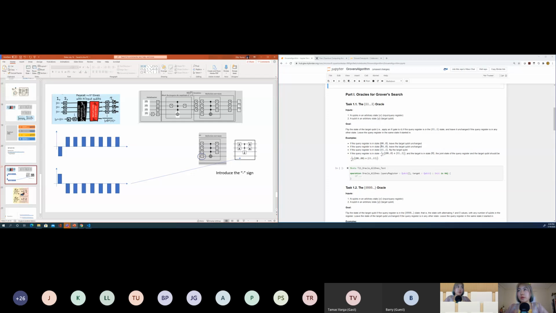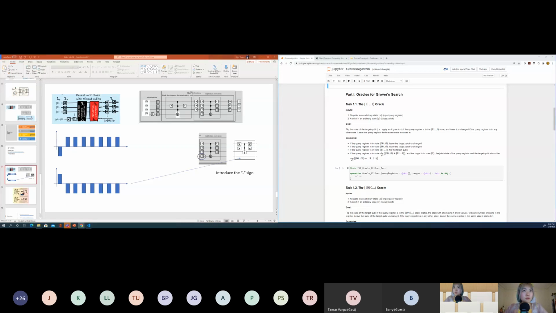If the query register is in the state all 0, leave the target unchanged. If it's 1 plus all 0, leave unchanged. So if you have any 0 in your state, leave it unchanged. Only for the all ones, you flip the target. So we just set up what this shows here.